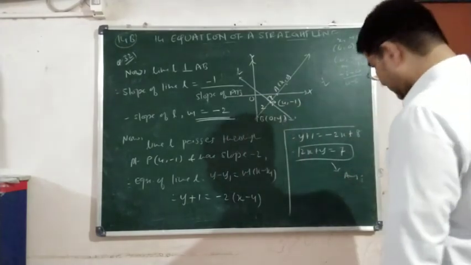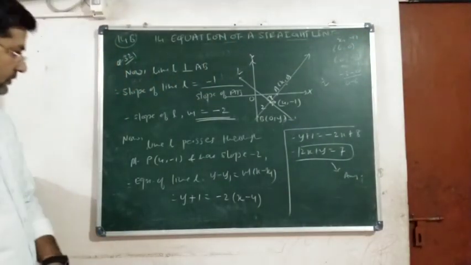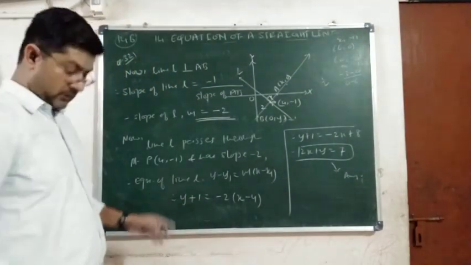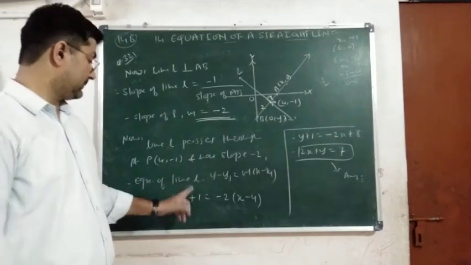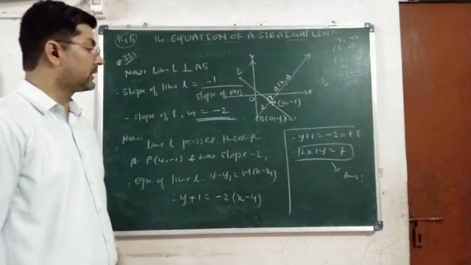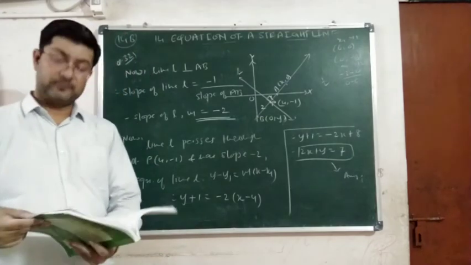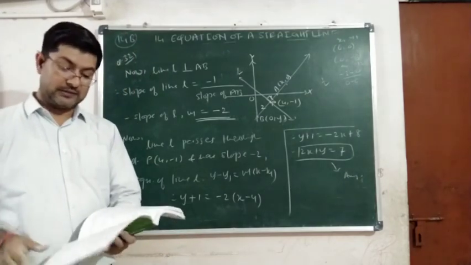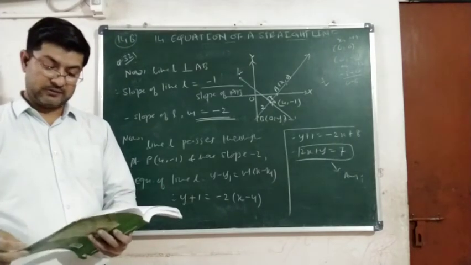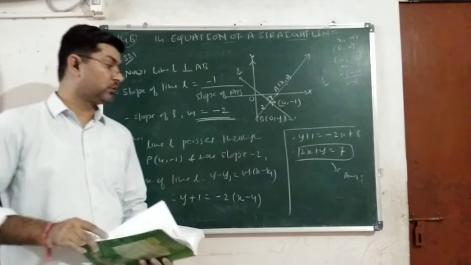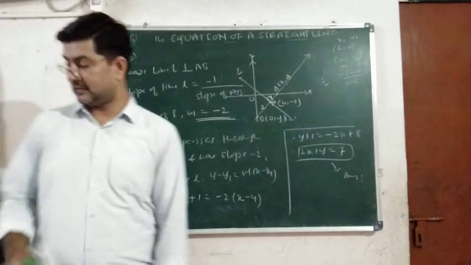So 1 by 2, and the negative reciprocal is minus 2. Clear? And it is passing through the point 4, minus 1, so y plus 1 is equal to minus 2 into x minus 4. So this equation is right. I think they have made some printing mistake in the last answer of this question, because the answer is given as x plus 2y is equal to 2, but there might be some mistake. This is the right answer.